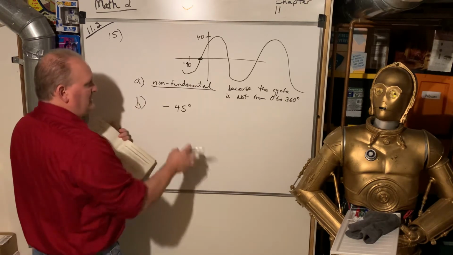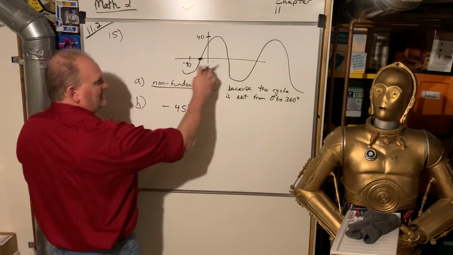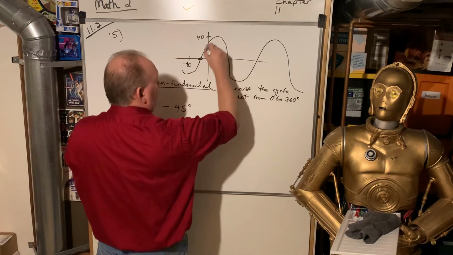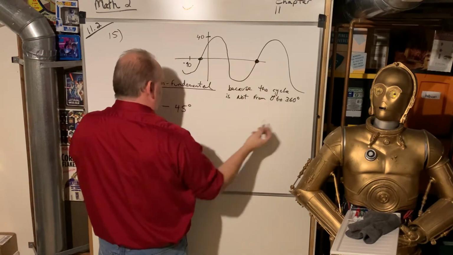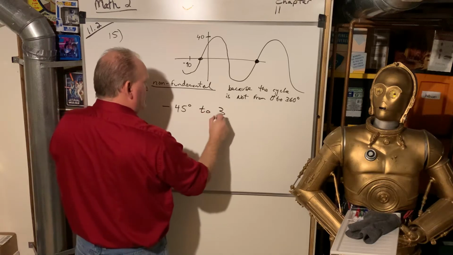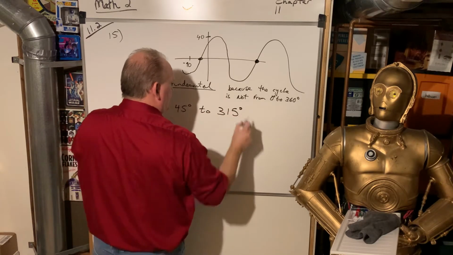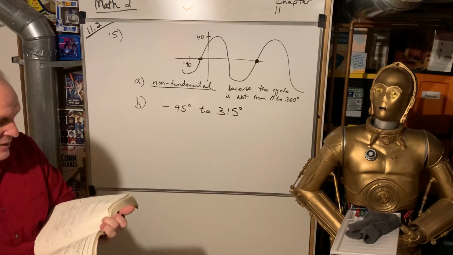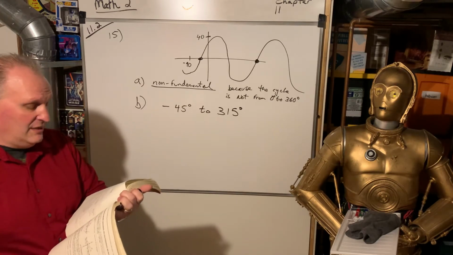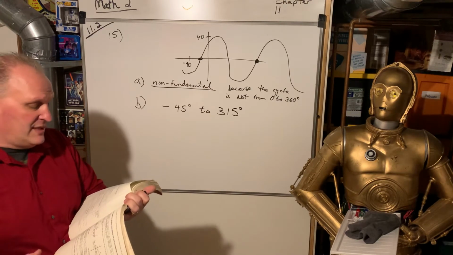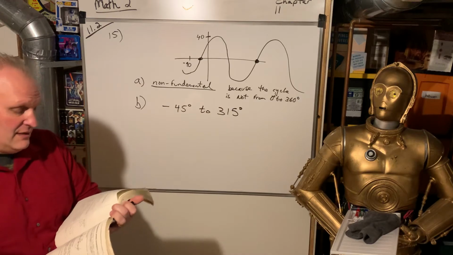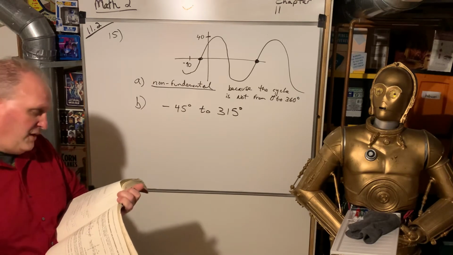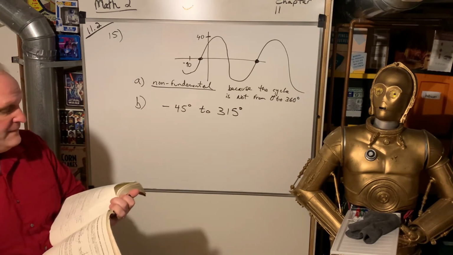So to 315, if you add 360 to that, that's happening right here, to 315 degrees. So it's still a 360 degree cycle, but it doesn't start at 0 and end at 360 and then start again. It starts at negative 45 and ends at 315.